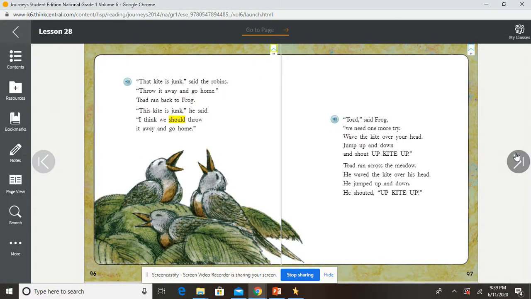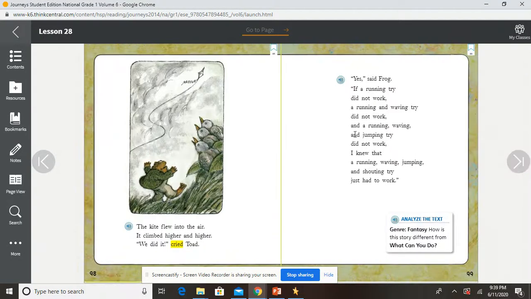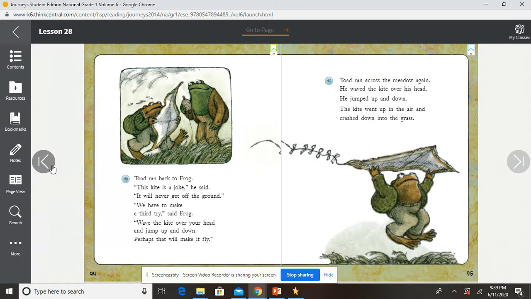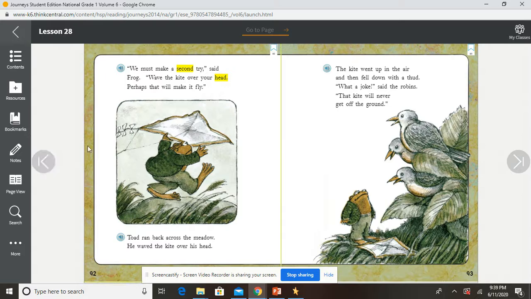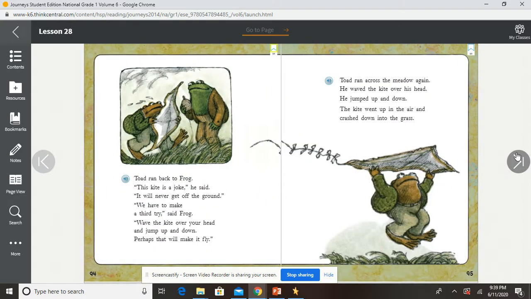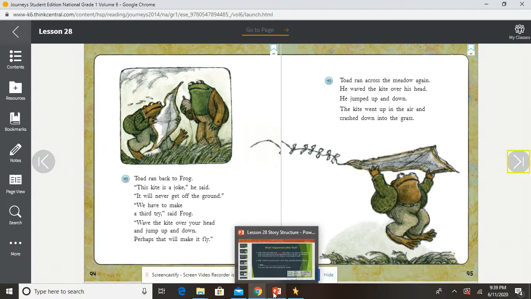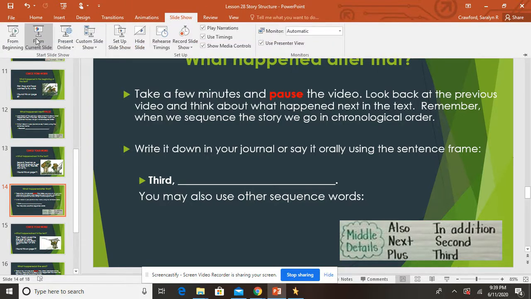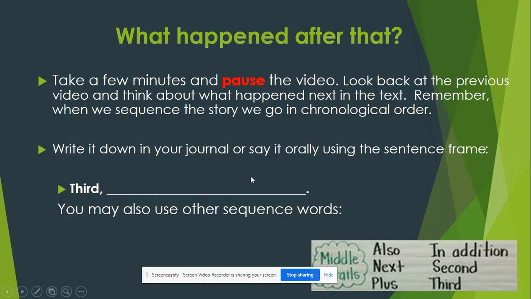And I want you to think, what did Frog and Toad do to maybe get that kite to fly? What else did they do? Looks like he jumped. He's waving his kite over his head. And like I said before, you could draw a picture, you can write it down, or you can just say it orally to the person you're working with.